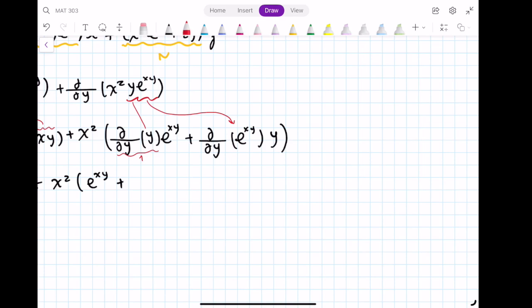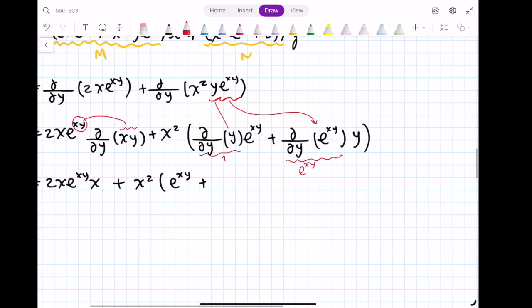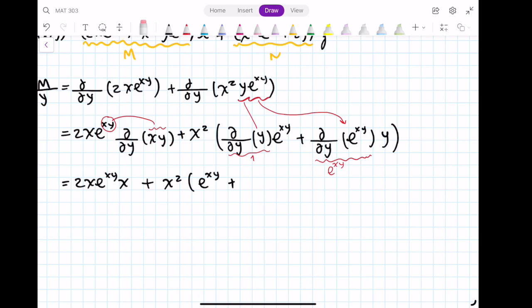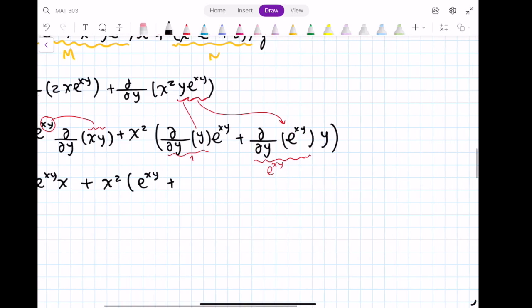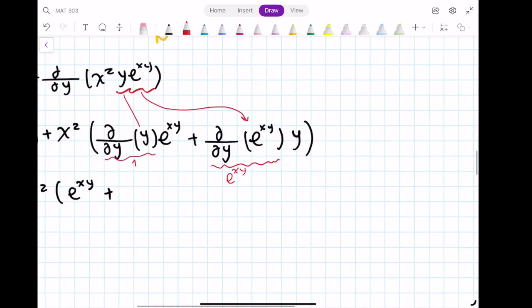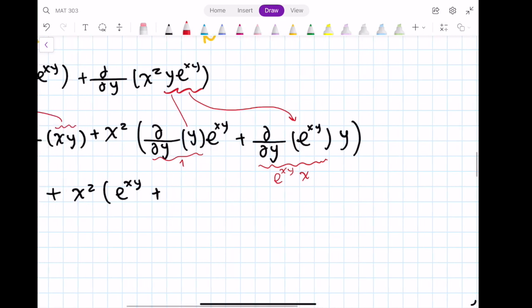Plus e to the xy, and remember, as we did before, I'm going to make an arrow: we also have to get the partial of x and y, so it will be just x.